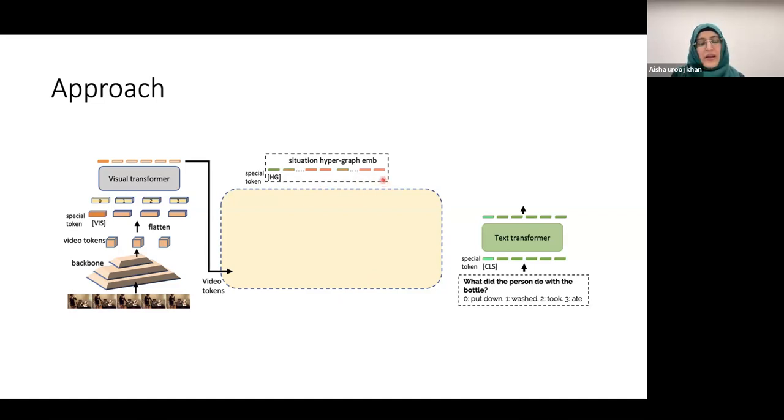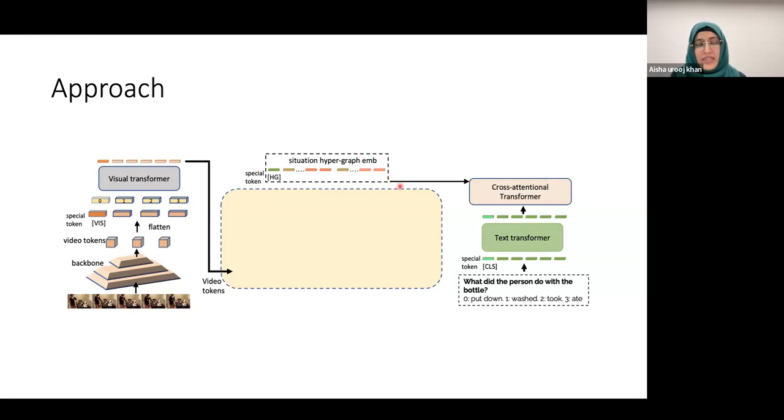Usually, previous works take the visual features and the question features and use cross attention, some kind of interaction between them, to solve the task. Instead of doing cross attention directly between video features and question features, we want to do interaction between situation hypergraph tokens and questions.